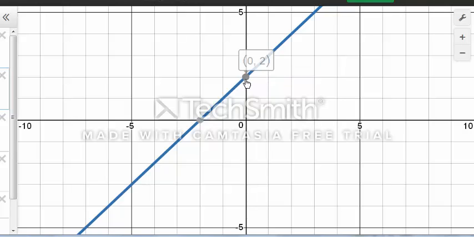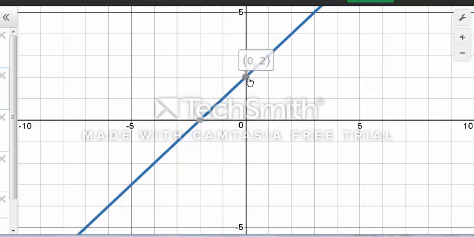As you can see, it approaches a y value of 2, and then we did the same thing from the right side as x approaches 0. You can see here that the y values are decreasing, and it's approaching a y value of 2.